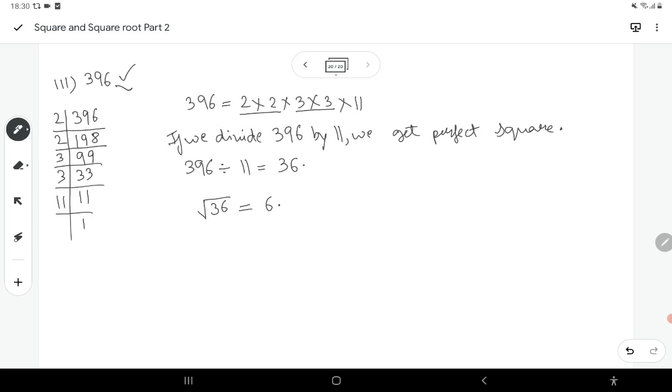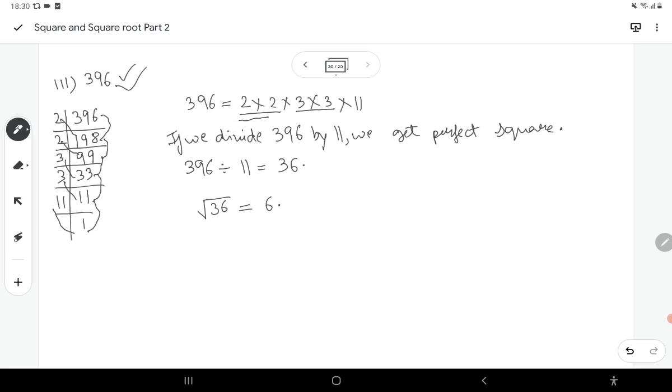Next part says 396. So 2 198s are 396, 2 99s are 198, 3 33s are 99, 3 11s are 33, and finally 11 1s are 11. Let's see which number forms a pair and which stays alone.